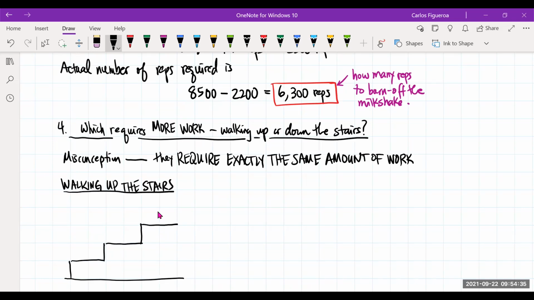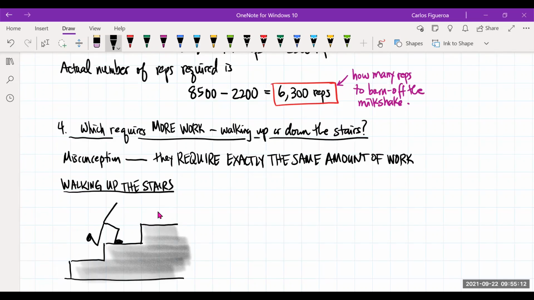Okay, here's my stairs. I'm going to imagine that somebody has to walk up the stairs. That means somebody has to put their foot on the stair, and as a consequence, the other foot has to be lifted up. This is what has to happen as you go up the stairs.